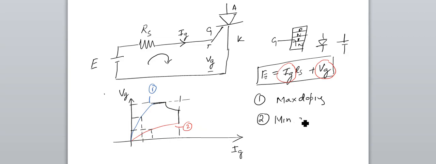The number of electrons or holes present is less, so you require more current to break down that level. So these are the two graphs you have here, blue and red. This is the maximum doping, this is the minimum doping.